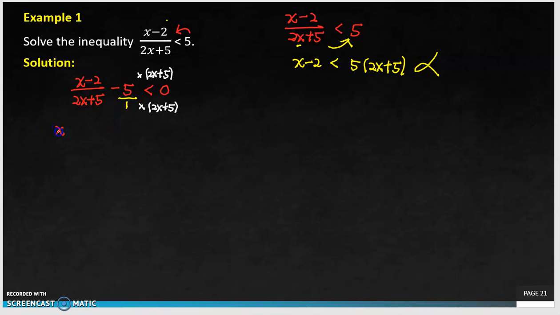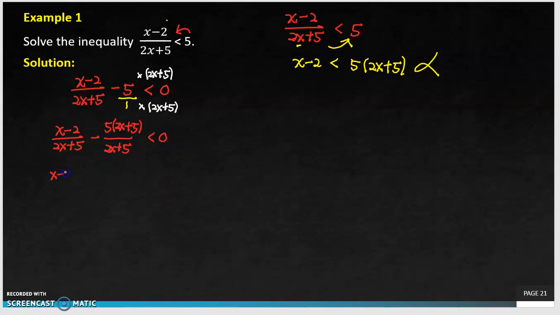So here we have x minus 2 over 2x plus 5 minus 1 times 2x plus 5 is 2x plus 5. Now the numerator will become 5 in the bracket 2x plus 5, less than 0. Then we try to expand.